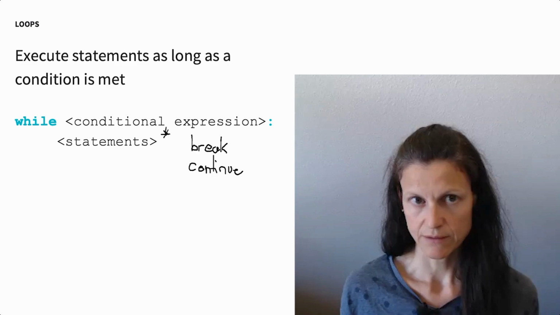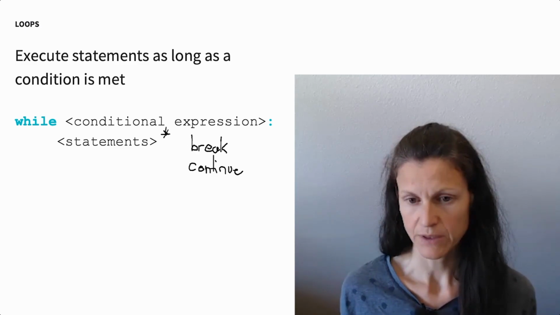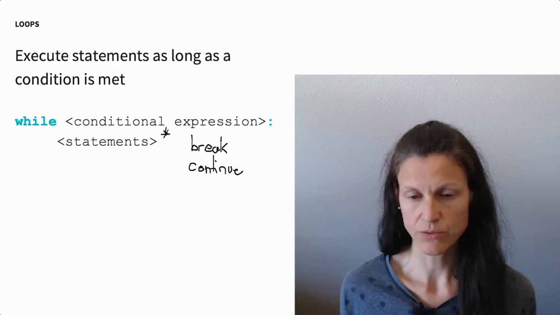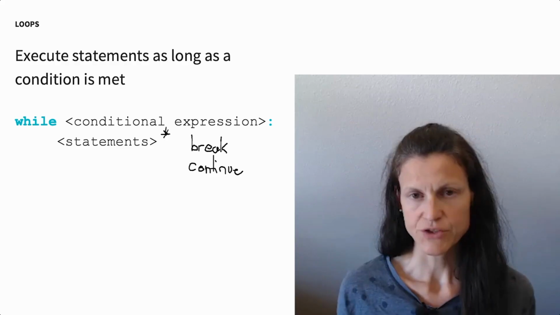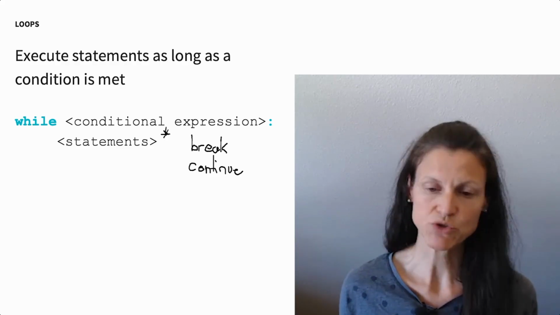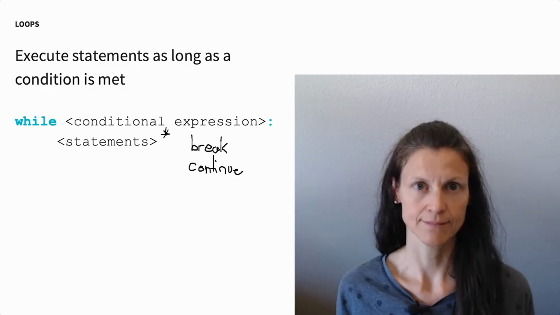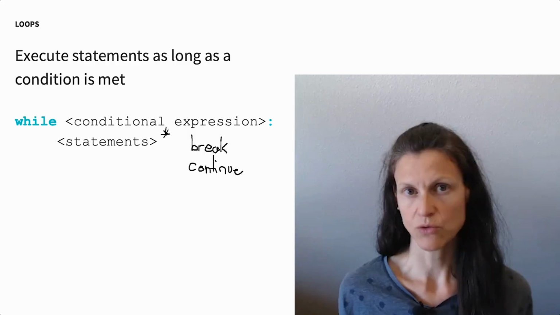If we use break, it means that the whole loop is stopped. So the interpreter will continue the execution after the loop statement. And the continue keyword just results in the fact that the interpreter will jump to the next loop. So we will later in this video see both types of loops in action.